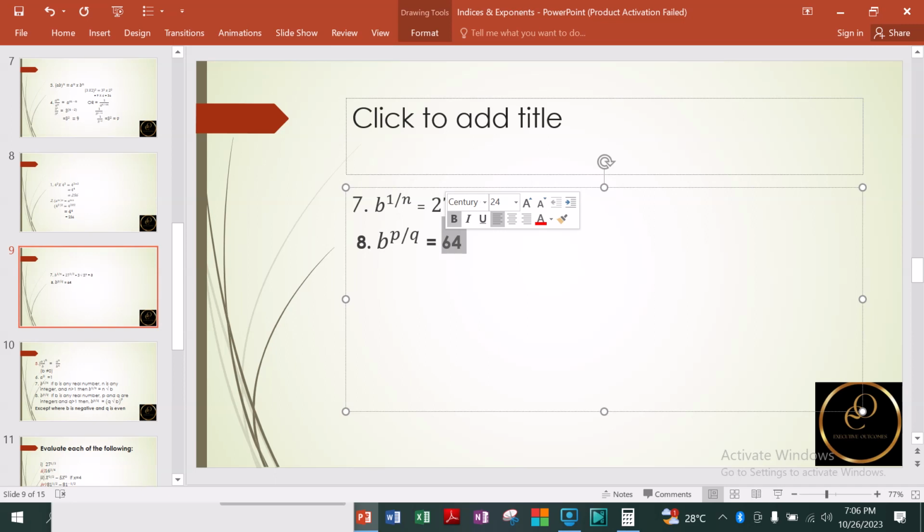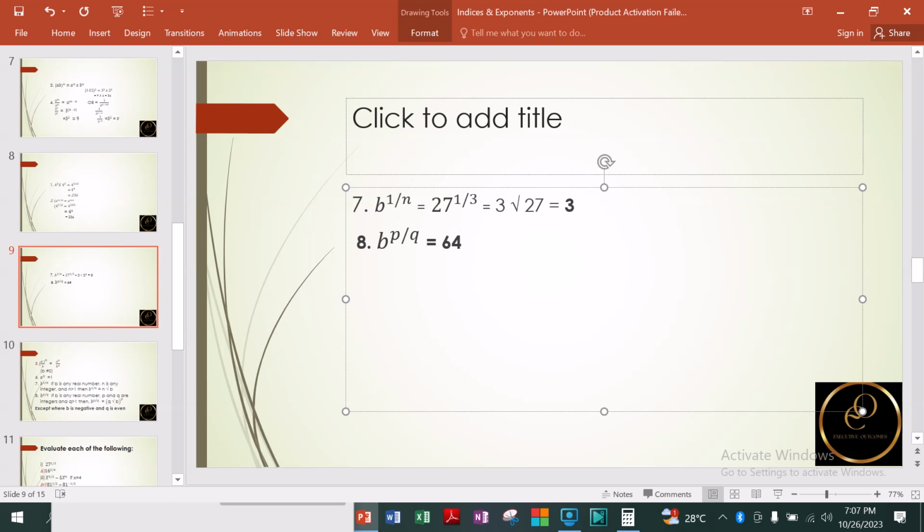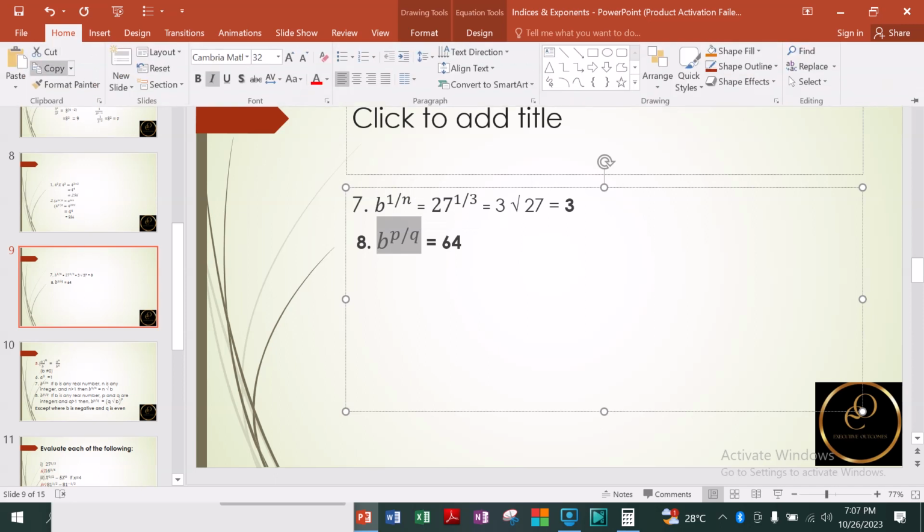Find the fourth root of 64. Let me just come up with one. Let me say 4 times 4 times 4, so that is a cube root.